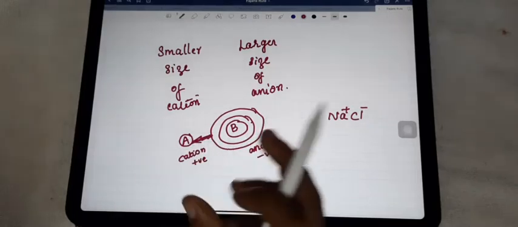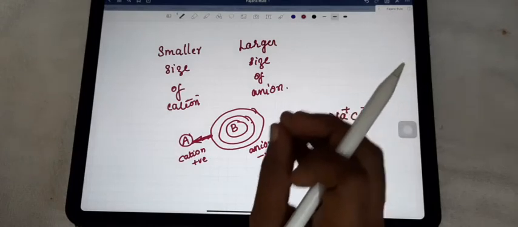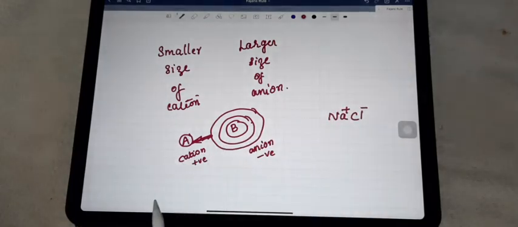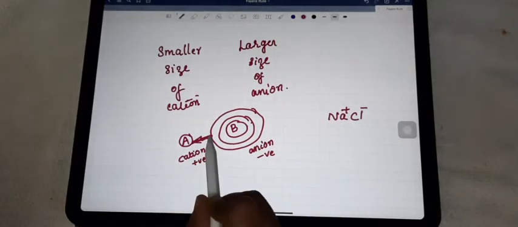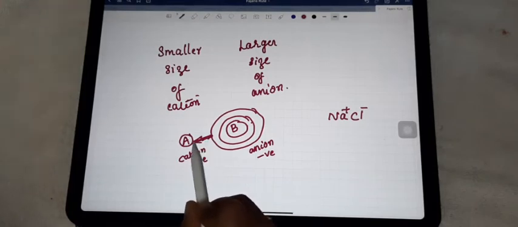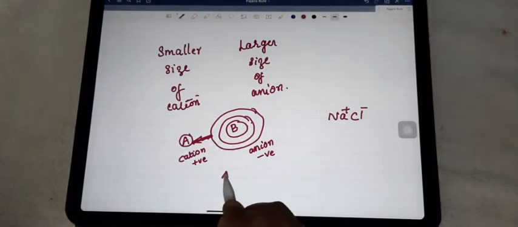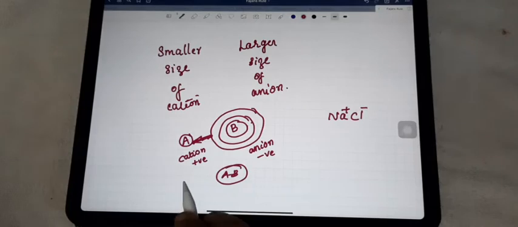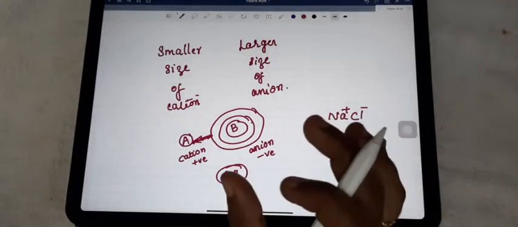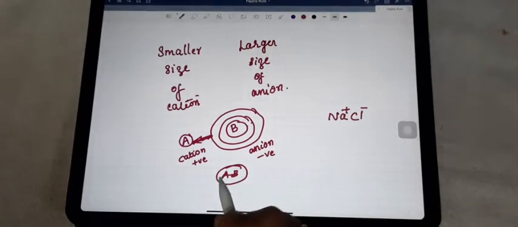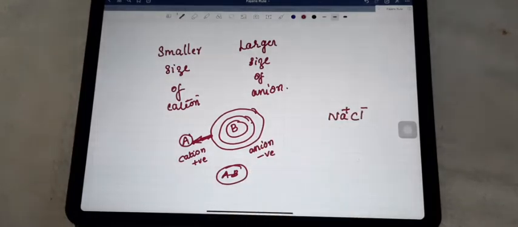Automatically one bond is created. Automatically the closeness of this anion and cation is created. So they increase the electronic charge between these two. A and B are very close to each other, and we can say that some partial covalent bond formation happens, not completely covalent bond formation.